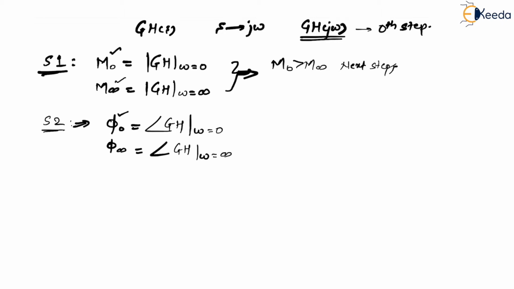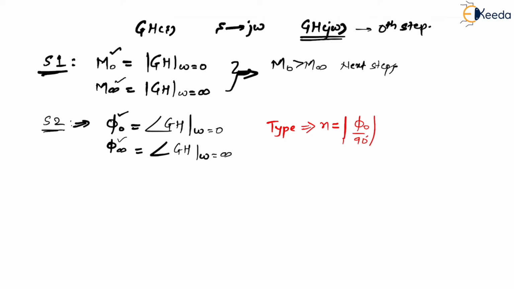Here itself we had also seen that the type of the loop gain, or the type of the system, is n, which is equal to modulus of phi naught by 90 degrees.